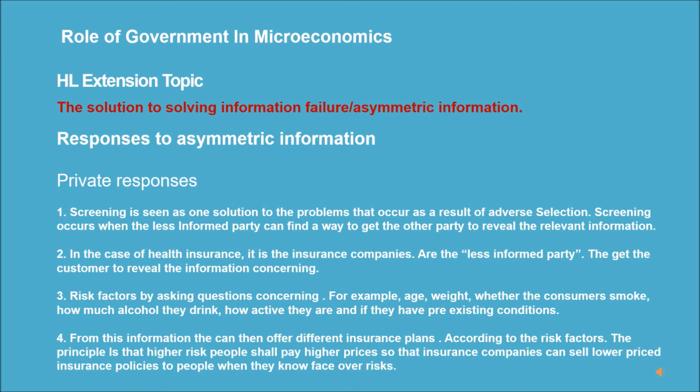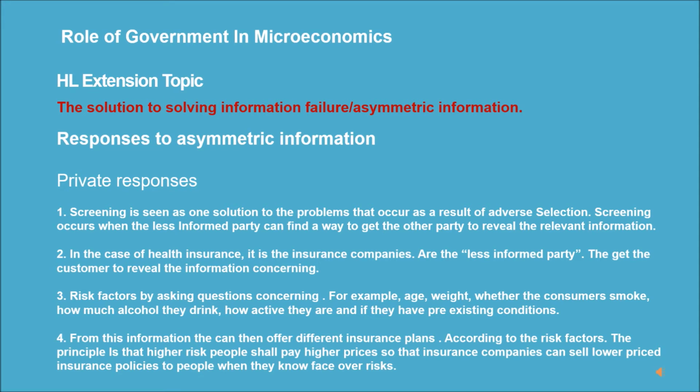In the case of health insurance, the insurance companies are the less informed party and try to get the customer to reveal information concerning risk factors. 3. They do this by asking questions concerning, for example, age, weight, whether the consumers smoke, how much alcohol they drink, how active they are, and if they have pre-existing conditions. 4.